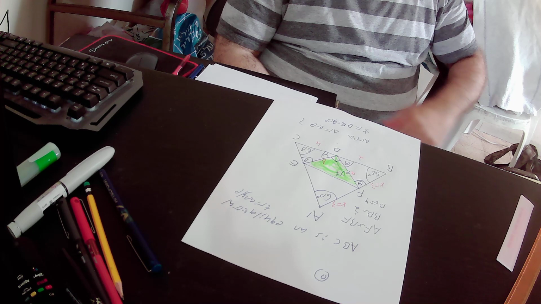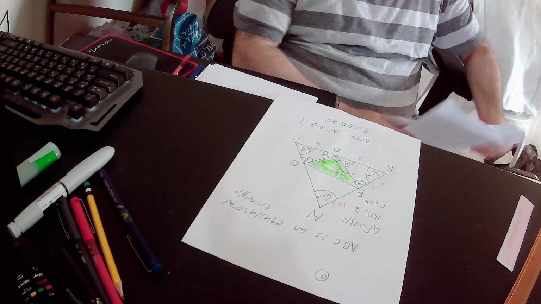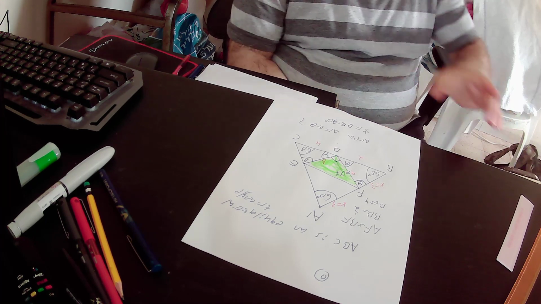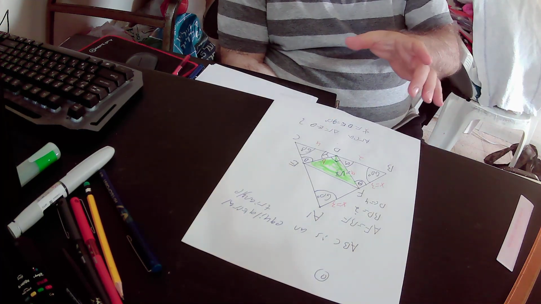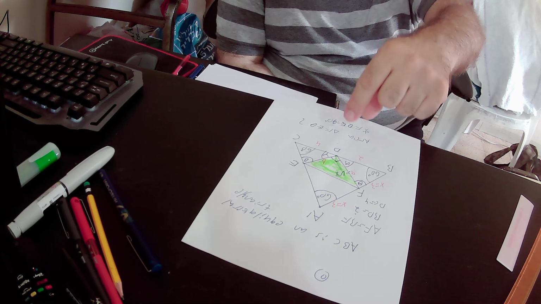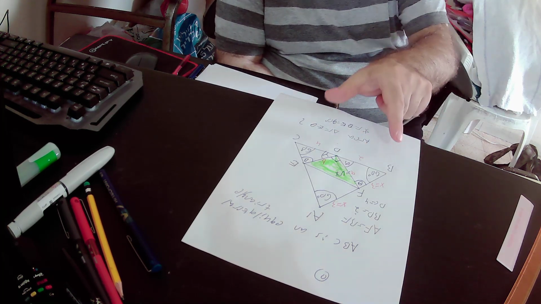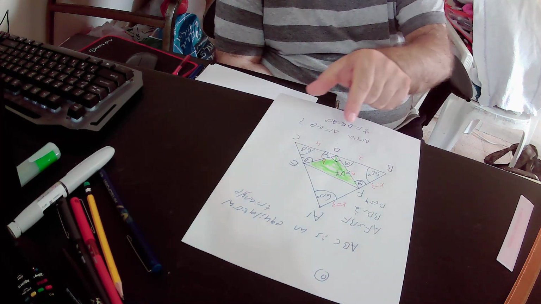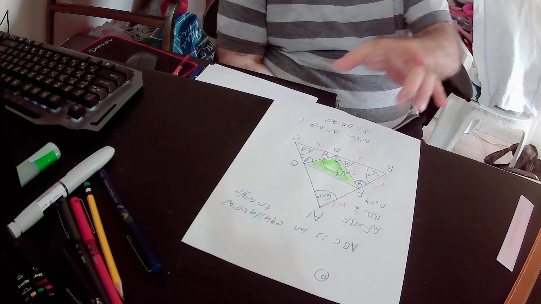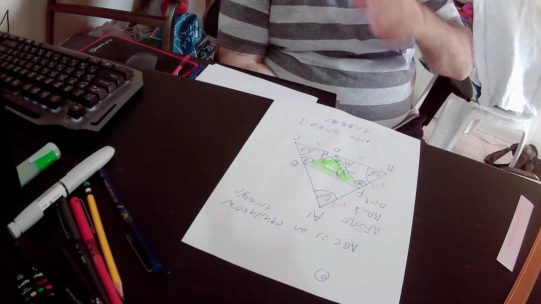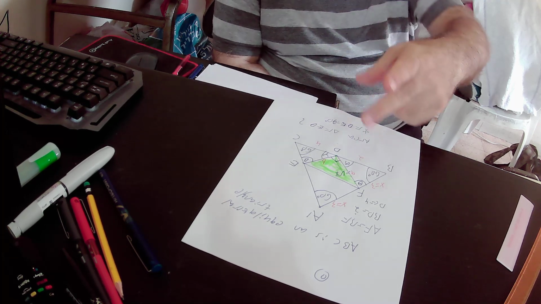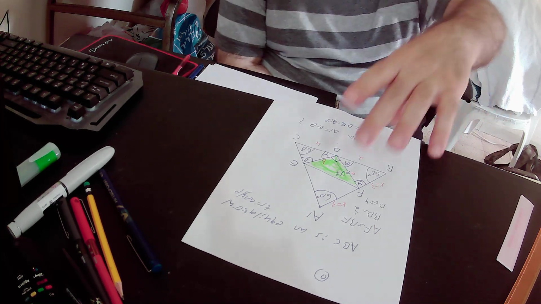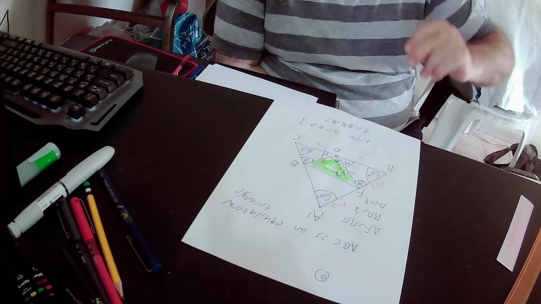So side BC of the equilateral triangle ABC equals BD plus DC. BD equals 2 units and DC equals 4 units. So BC equals 6 units. So all the sides of triangle ABC equal 6 units. So AB also equals 6 units.